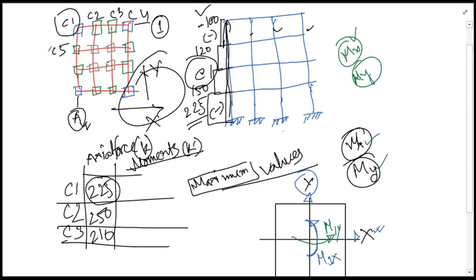So if you are drawing this frame number 1, and we draw the bending moment diagram, say for example you might be getting a bending moment diagram pattern like this one.